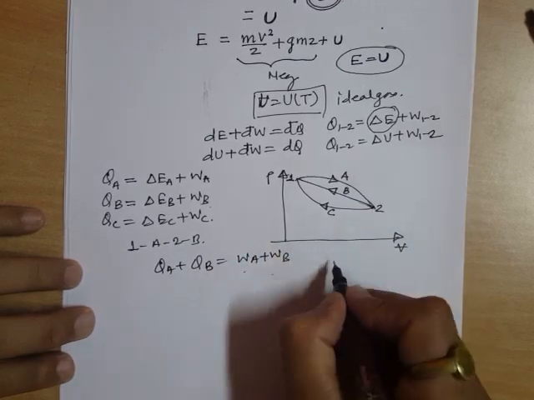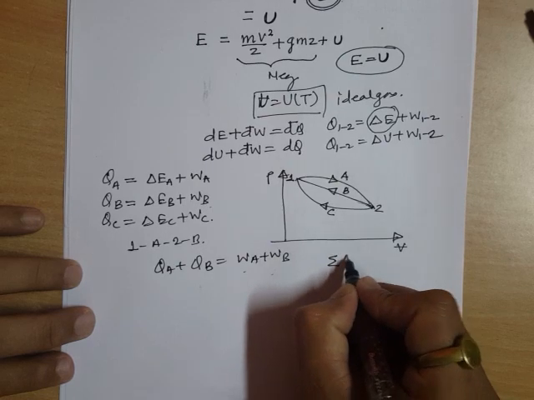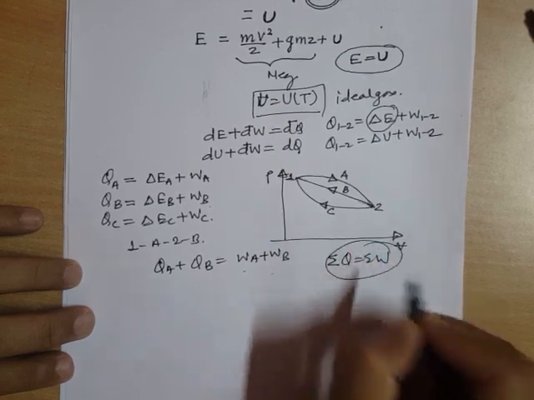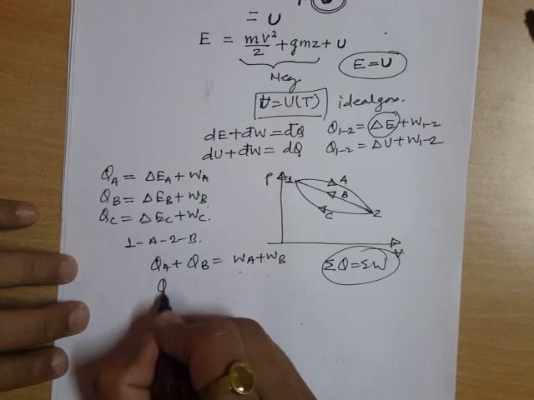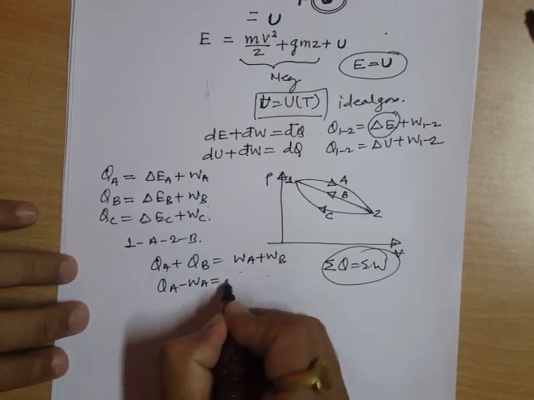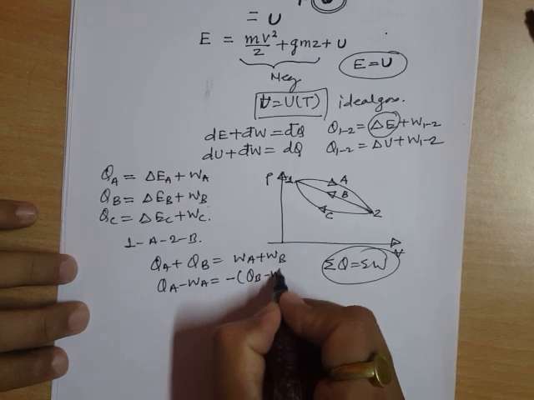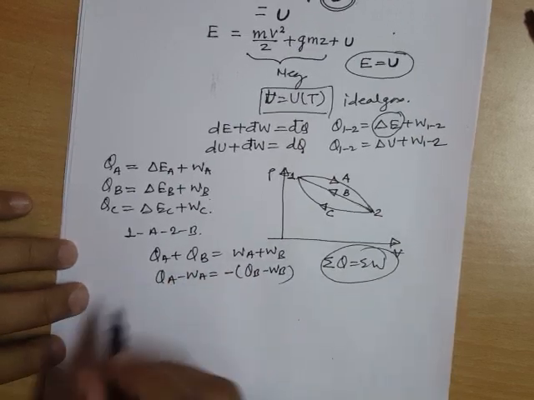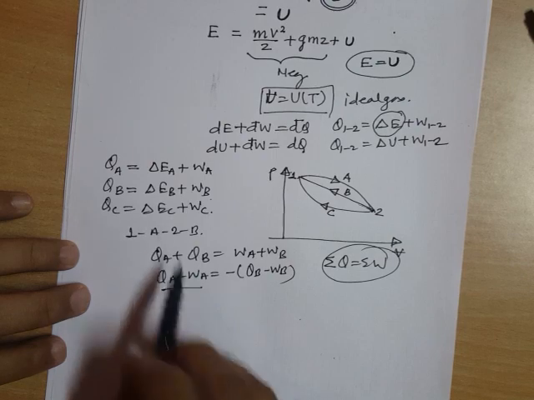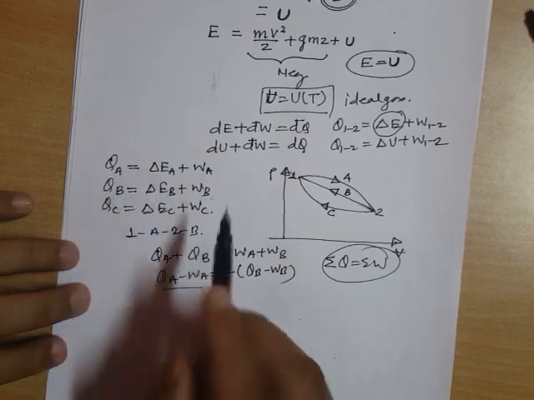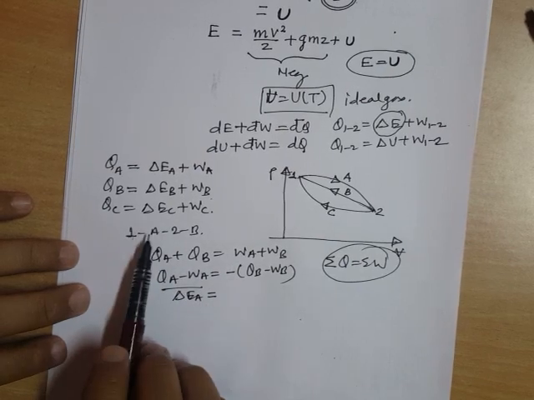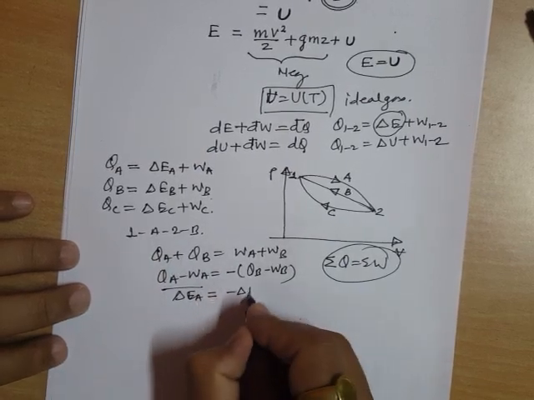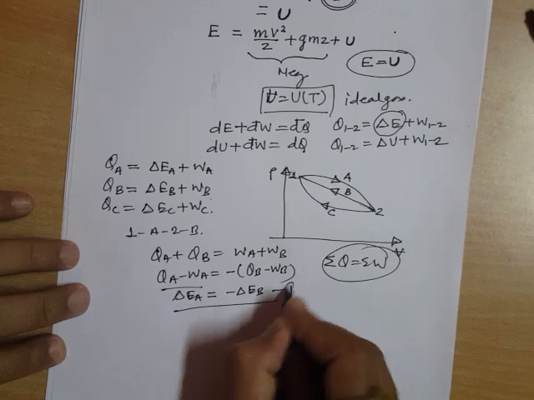Because for a cyclic process, the first law says that sigma Q is equal to sigma W. Now from here I can say that QA minus WA will be minus (QB minus WB), just rearranging the terms. What is QA minus WA? It is delta EA. And what is QB minus WB? It is minus delta EB. So this is my equation 1.